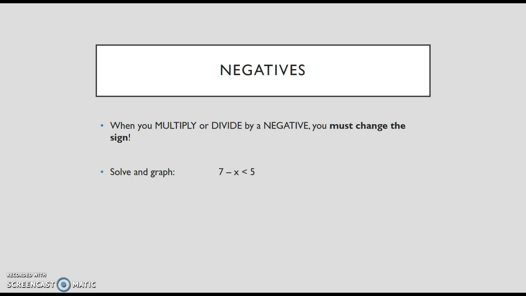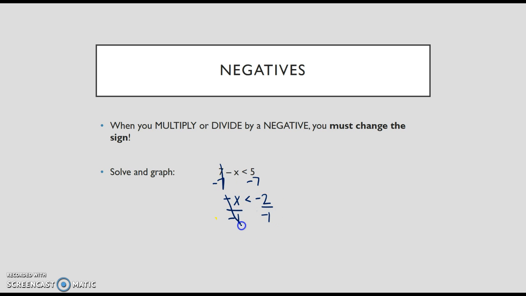Okay, so for example, I've got 7 minus x is less than 5. First thing I have to do is get rid of that 7. So if I subtract 7 from both sides, that cancels, and I'm left with negative x is less than negative 2. Well, I don't have x by itself right now. I've got a negative 1x is less than negative 2. So to get x by itself, I have to divide by negative 1.